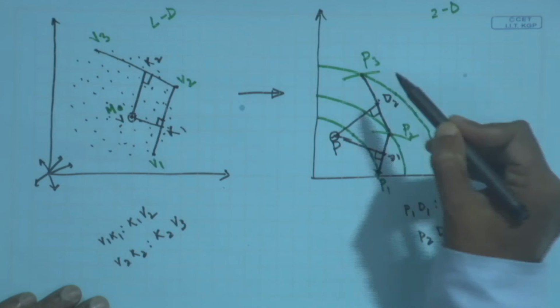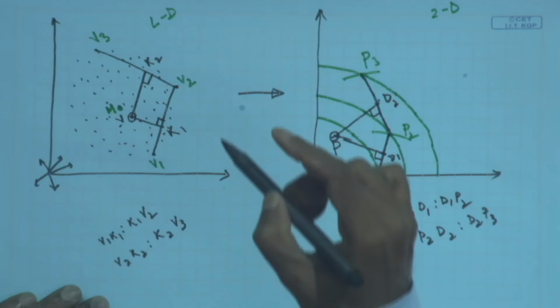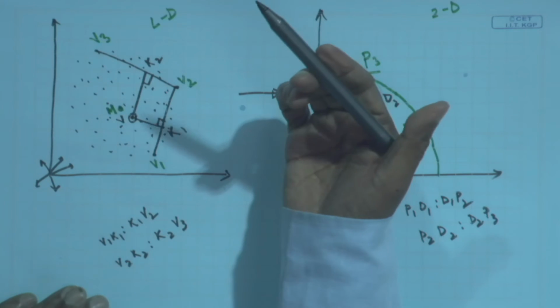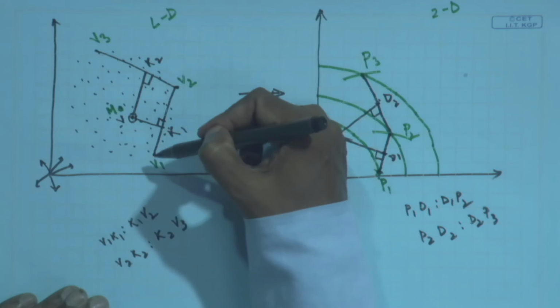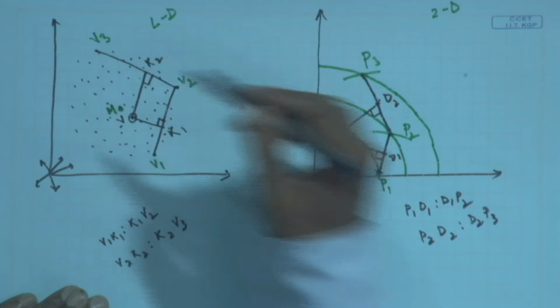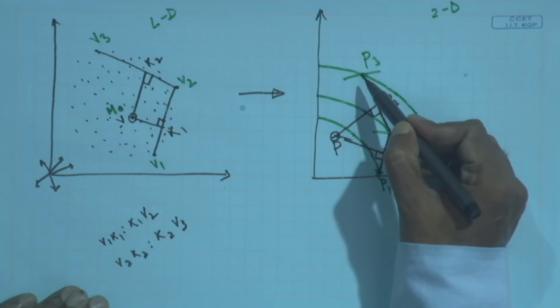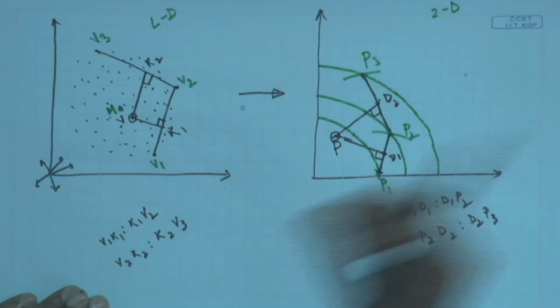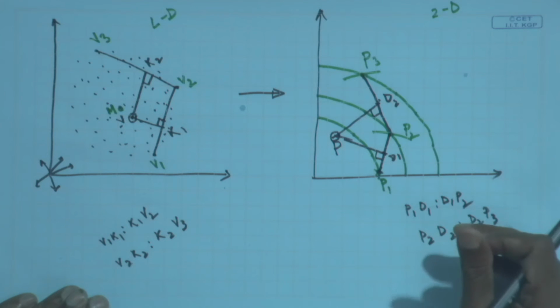I consider the distance between V2 and V3 just to locate P3, but I did not consider the distance between V1 and V3, that is another possibility. And if I take the distance between V1 and V3, I will be getting altogether a different point as P3. So, the point P3 will be slightly different, and that is why this is an approximate way of doing.